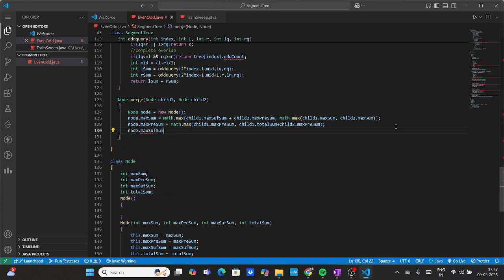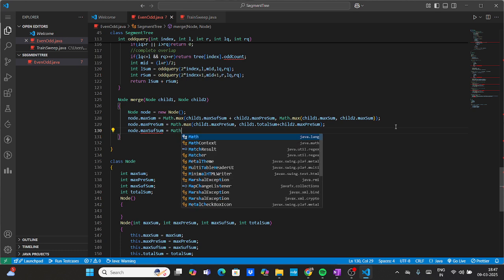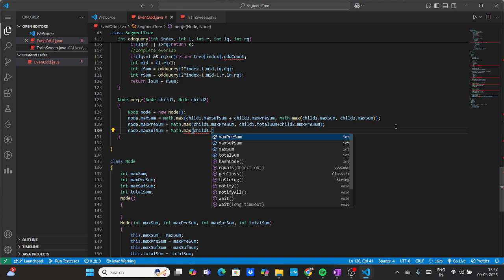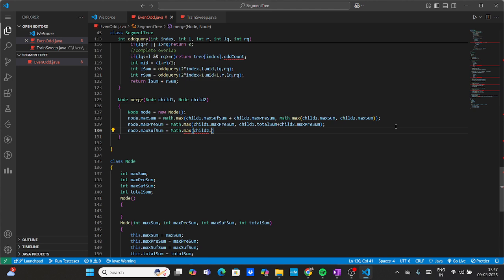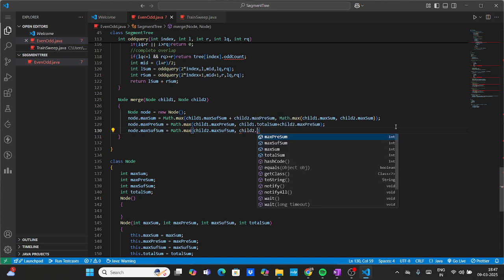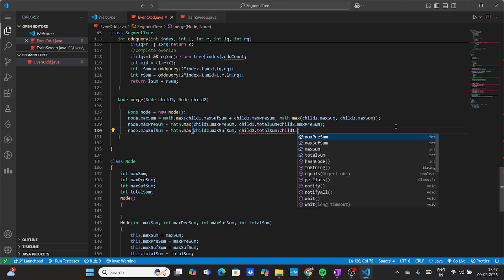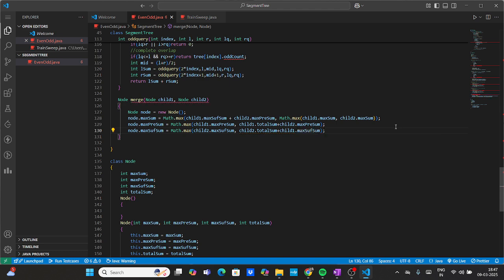Node dot max suffix sum is nothing but math dot max of. What can be the value for this? Go ahead and tell me. Child one dot, child two dot max suffix. Correct. What do you say?